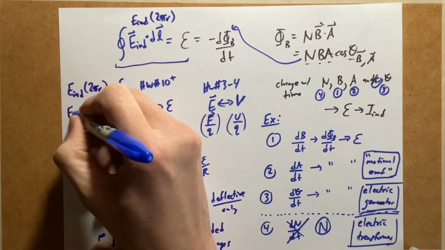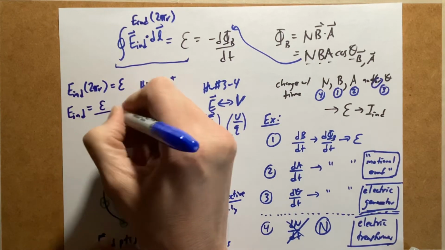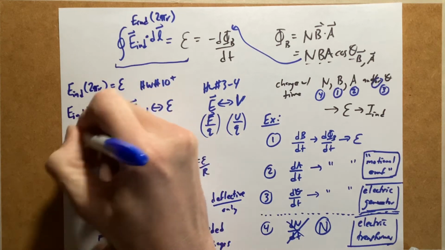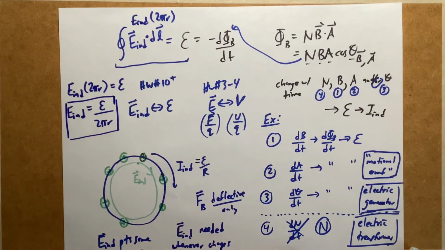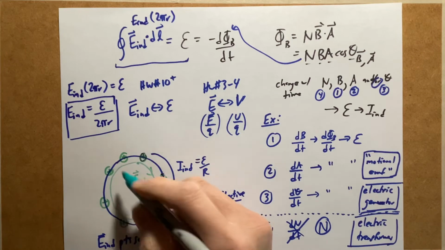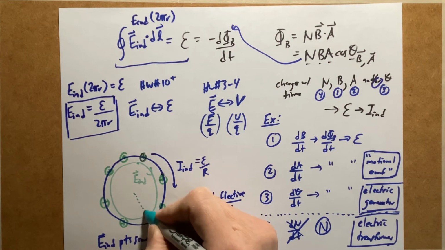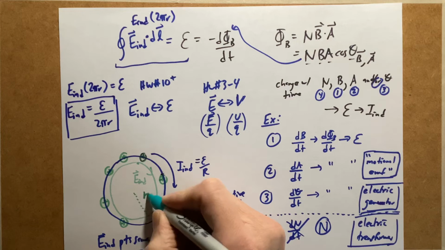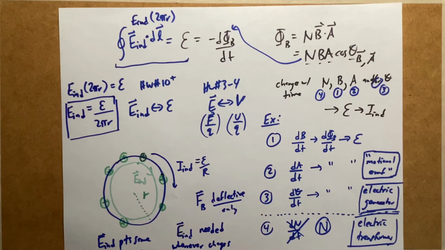So I can even just write that here. It's like that. And I think that'll get you through the entirety of what is being asked in these homeworks. And what is r? r is just the radius that you're working on. So you're doing a line integral around wherever the current's flowing, and E induced is doing the pushing.